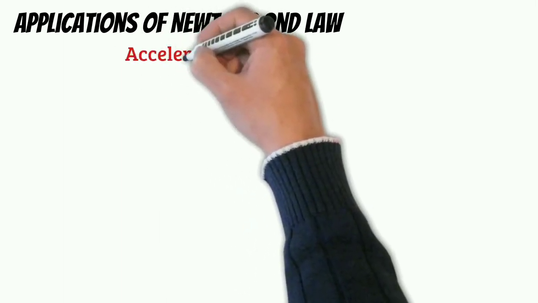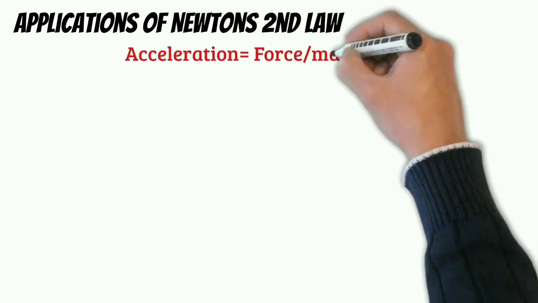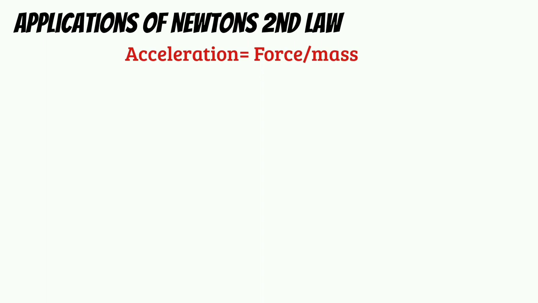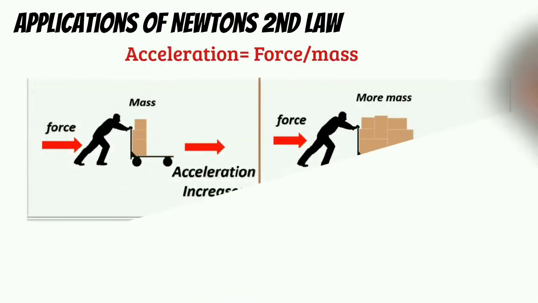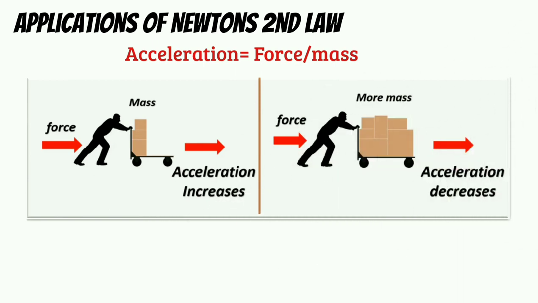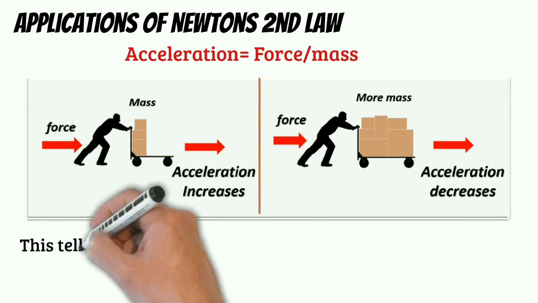So, we're using the equation, acceleration is force over mass, because that's Newton's second law. So here we can see a man pushing a trolley, so he's putting force on the trolley, with a bit of mass, so the acceleration increases. On the right, we can see the man pushing the same amount of force, but now there's more mass, so the acceleration decreases.